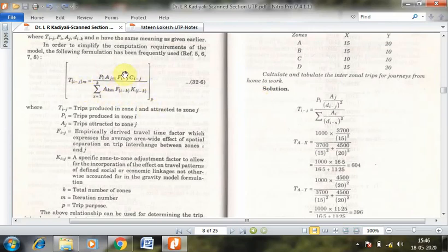This Fij is the empirically derived travel time factor or the friction factor, which is responsible for influencing the trips happening and which might also be responsible for influencing the spatial separation. This Fij is called the friction factor in the problem that we are trying to solve now.